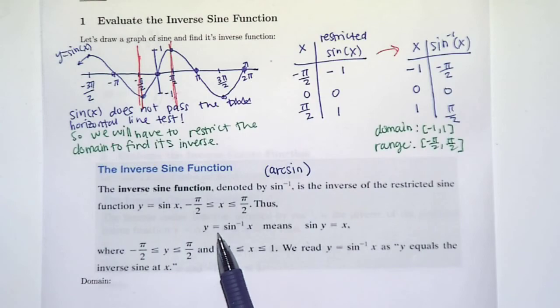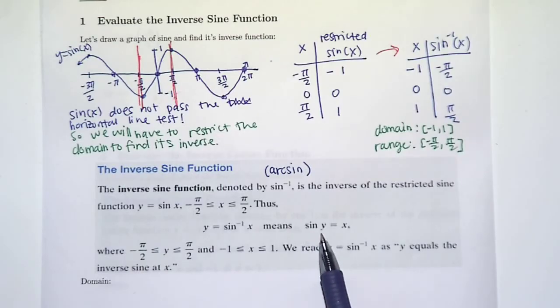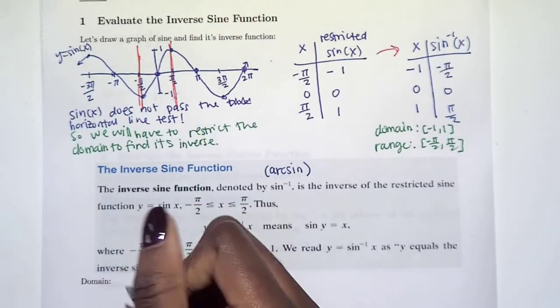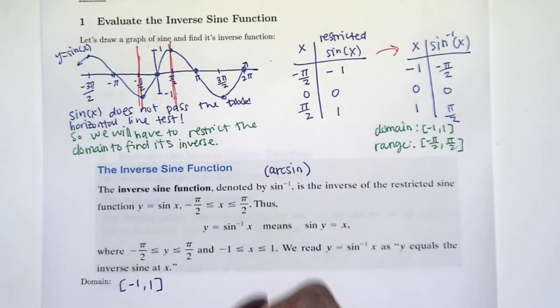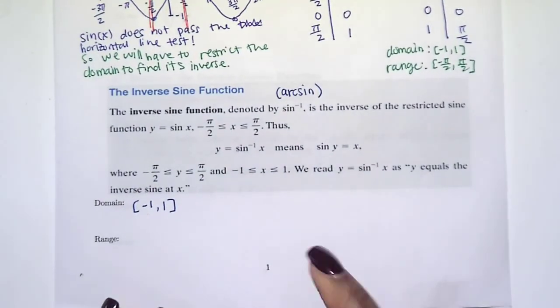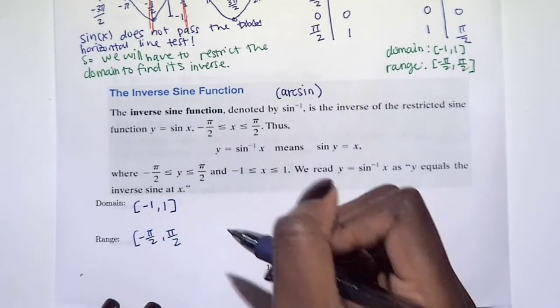So we can say y equals sine inverse of x means the same thing as, basically switching x and y, sine of y equals x. And so that's what we're going to be working with for our examples. So I kind of jumped the gun and I already told us the domain. The domain of our sine inverse function is from -1 to +1, and the range is from -π/2 to +π/2.